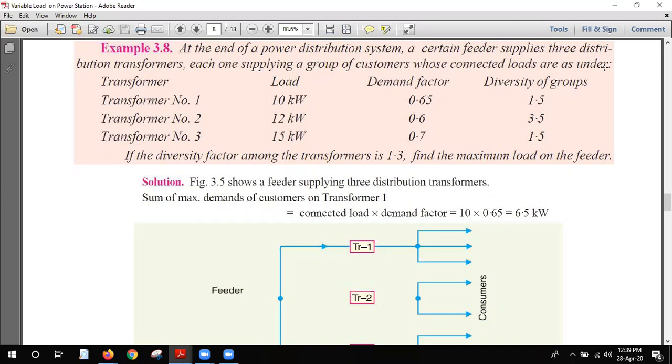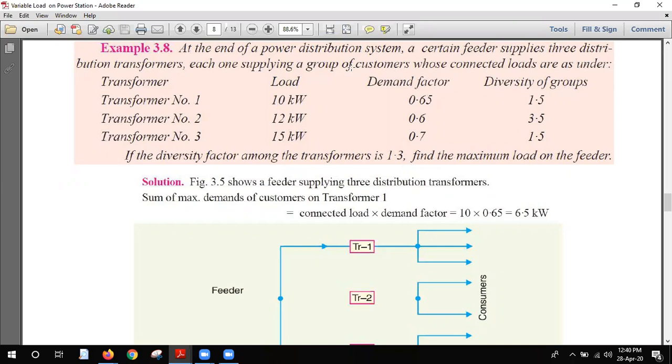Connected load, we all know what connected load is. Connected load is every load connected in the electrical system. Either you run it or not, it really doesn't matter; every load, every switch connected in the system counts.